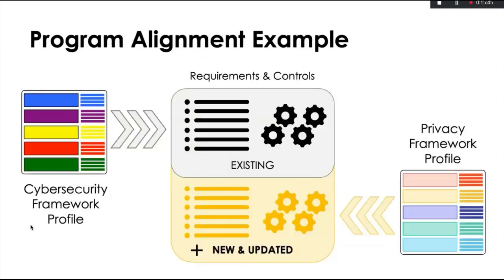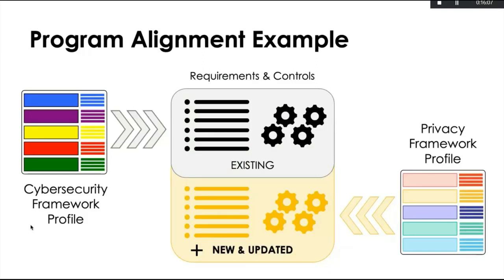This next example, also quite simplified, shows a more in-depth use of the framework. This organization was already using the cybersecurity framework, so they took the policy and technical requirements and the associated controls they'd already identified with the cybersecurity framework, and they ran a gap analysis against the privacy framework categories and subcategories.